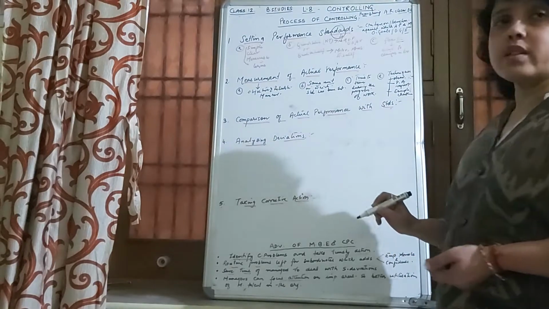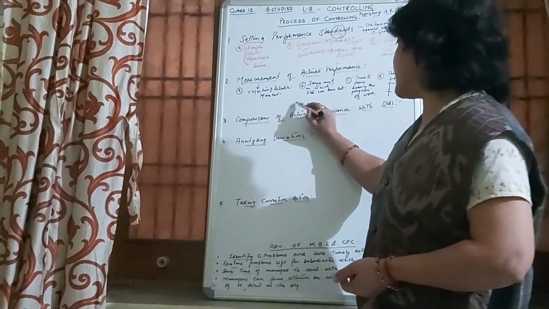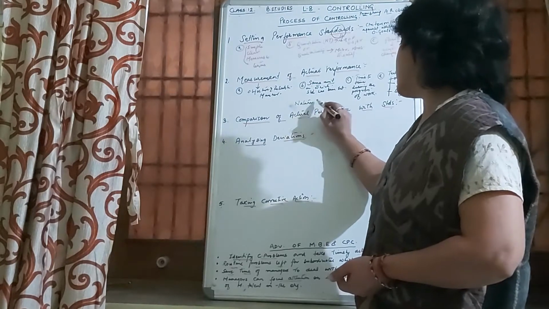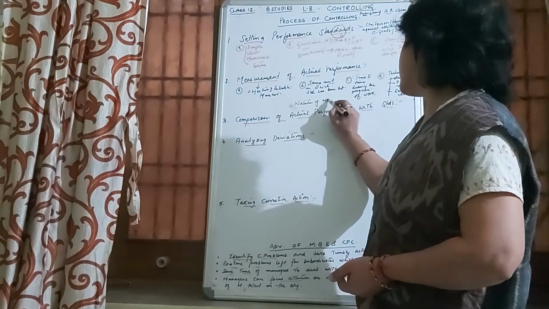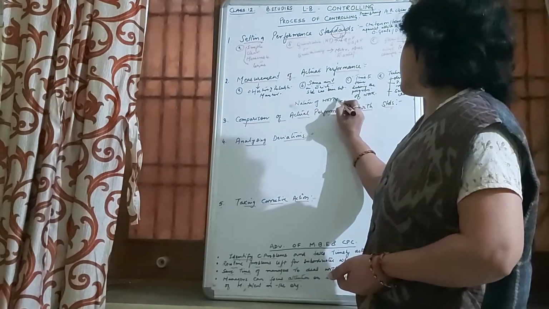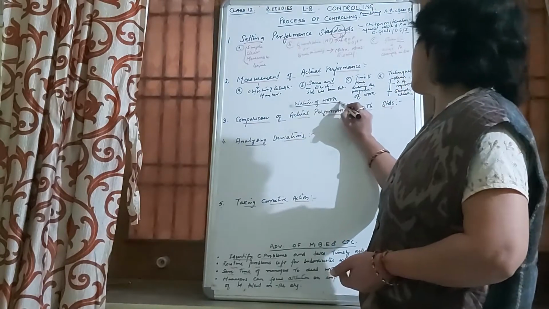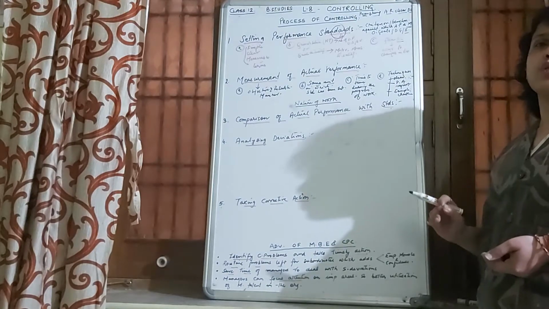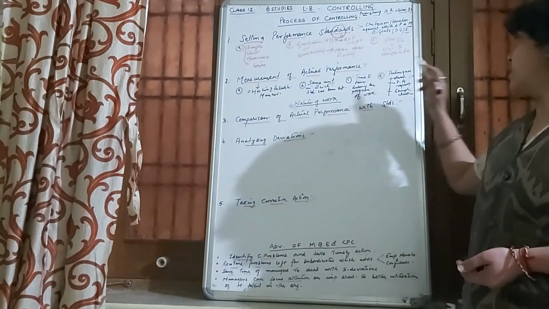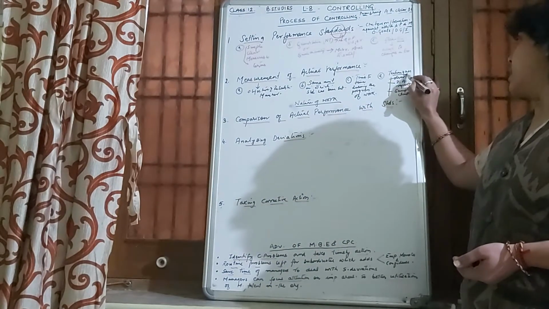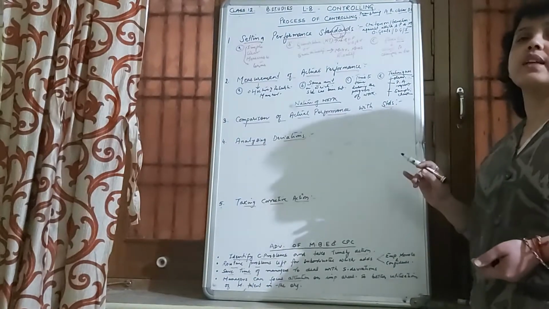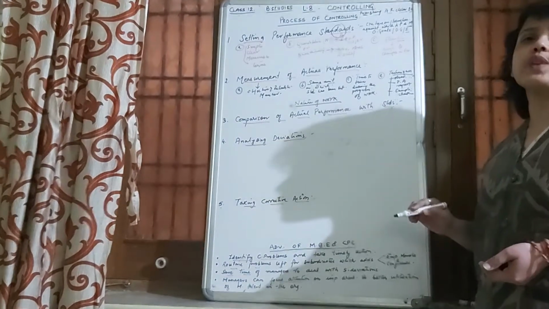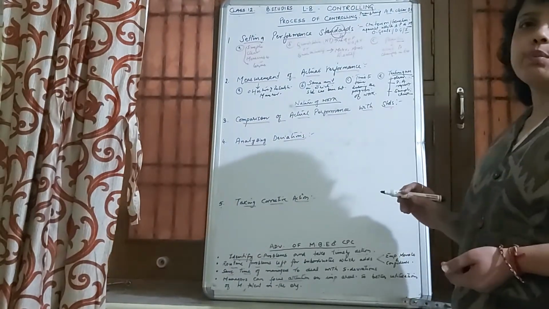So it always depends upon the nature of work. On the basis of the nature of work, the decision is taken about which technique will be used for measurement of actual performance.